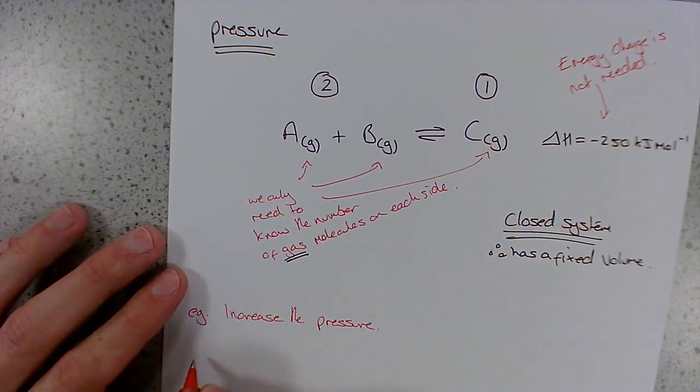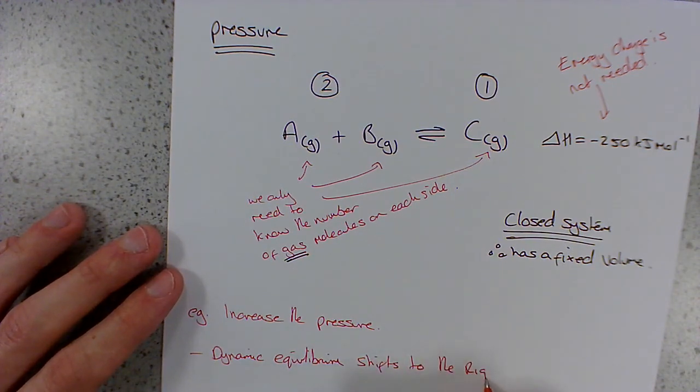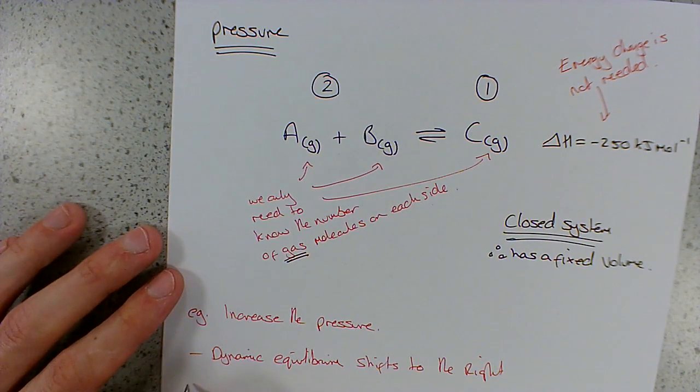So in this case, the dynamic equilibrium shifts to the right-hand side because there are fewer molecules of gas.